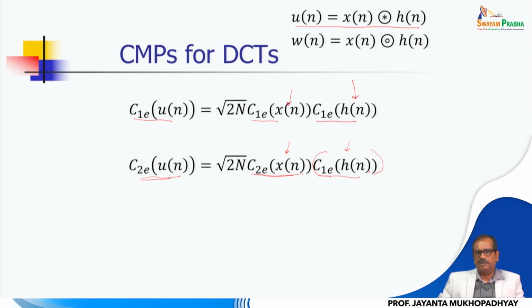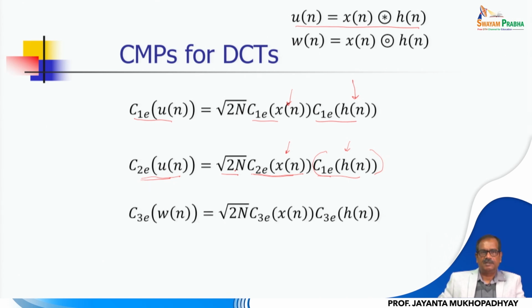So it is a one-time job. Once you specify it, then given any arbitrary input, I compute the type 2 DCT of that input and multiply with the given type 1 DCT of the impulse response sequence. And of course, there is a scale factor, as you can see. Then you will get the type 2 DCT of the output. So the output is also in the type 2 DCT form.